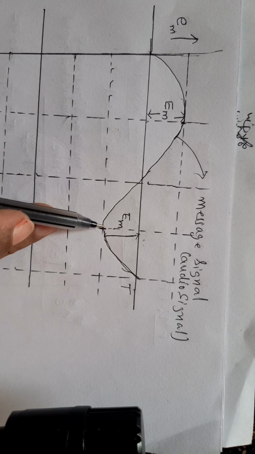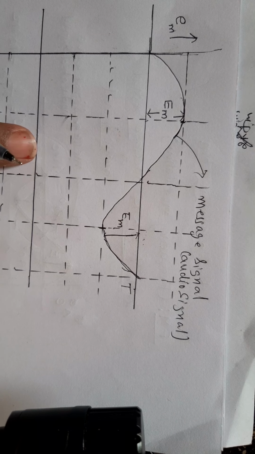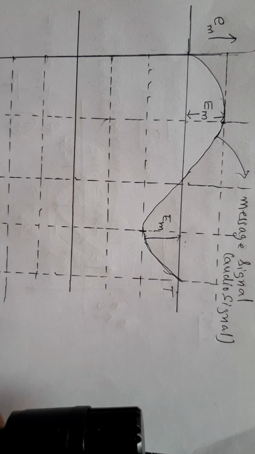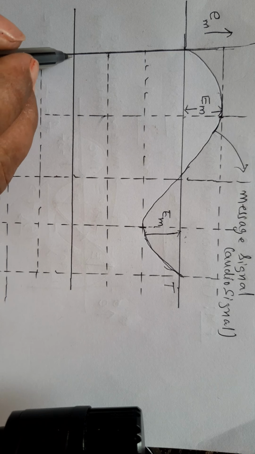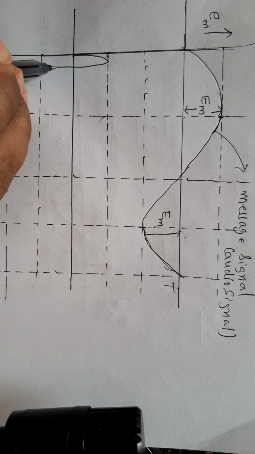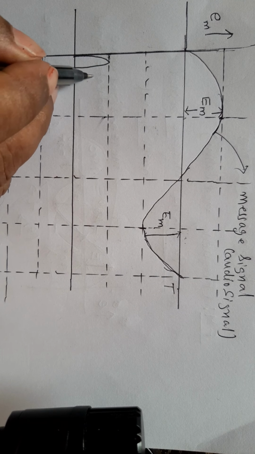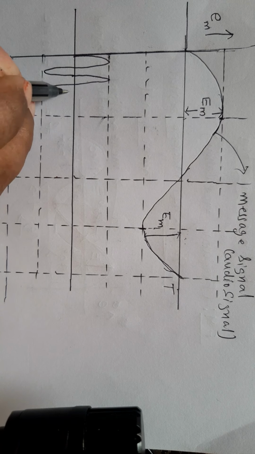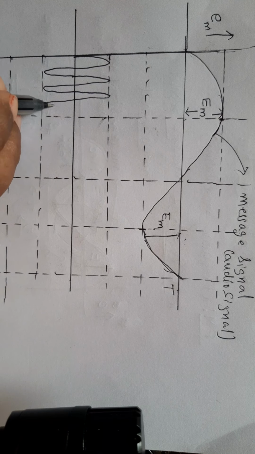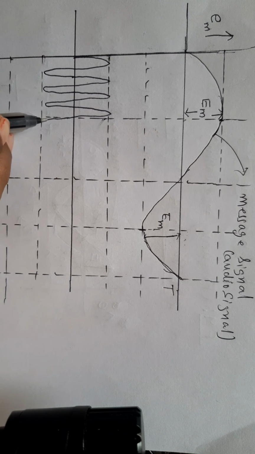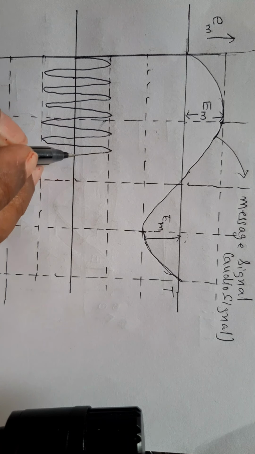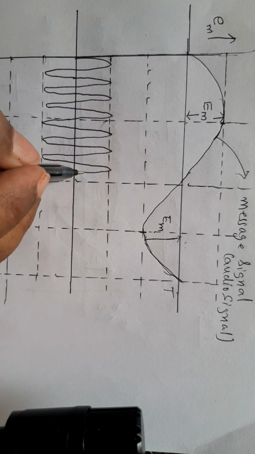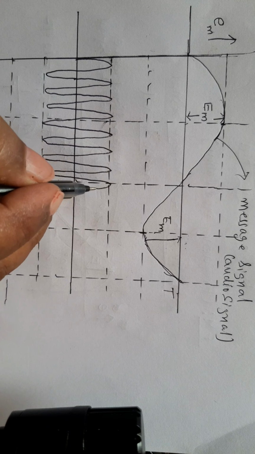Now I will represent the carrier signal here. Since the carrier signal has very high frequency, its period should be very small, and I will write a small period, and consider the number of waves of the carrier signal. So I write the small period signals with equal time period.